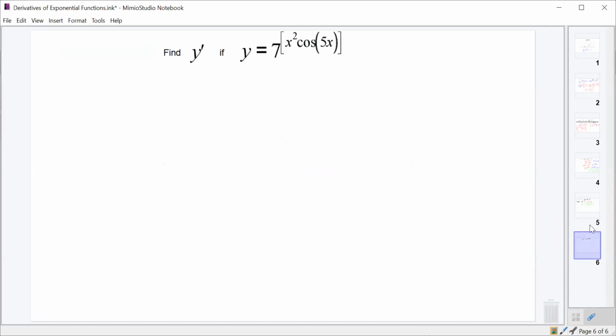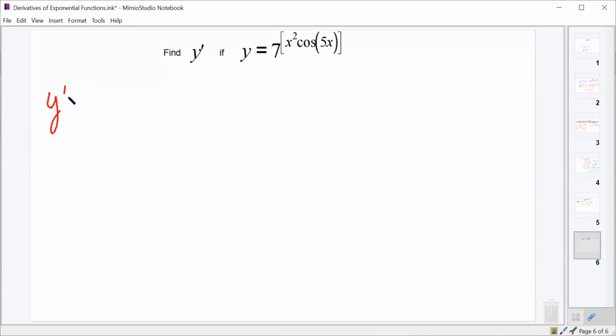All right, last one we're going to do, and then we'll be done for the day. y equals 7 to the x squared cosine 5x. So what does y prime equal?